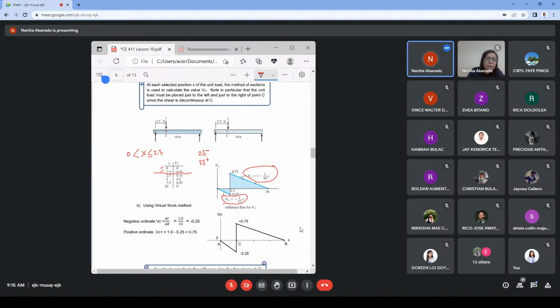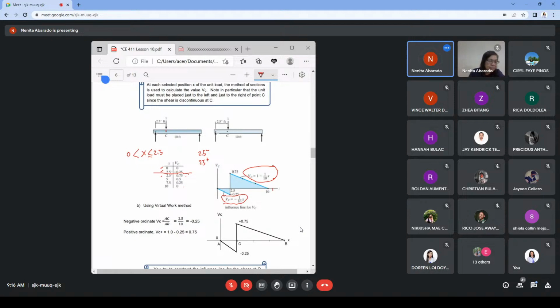Now, at this point, the equation we will use is 1 minus 10x. If x is 2.5, the resulting value is 0.75. And at 10, we have 0. So, do you understand, class? Hello, class. Are we still together?